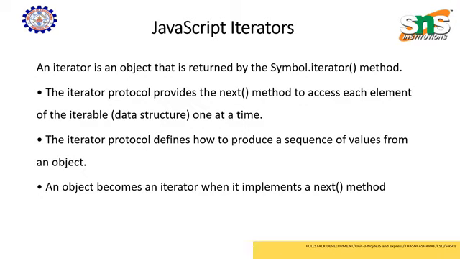The iterator protocol provides the next method to access each element of the iterable data structure one at a time. One by one, it will go to the next method. The iterator protocol defines how to produce a sequence of values from an object, so the object becomes an iterator when it implements a next method.